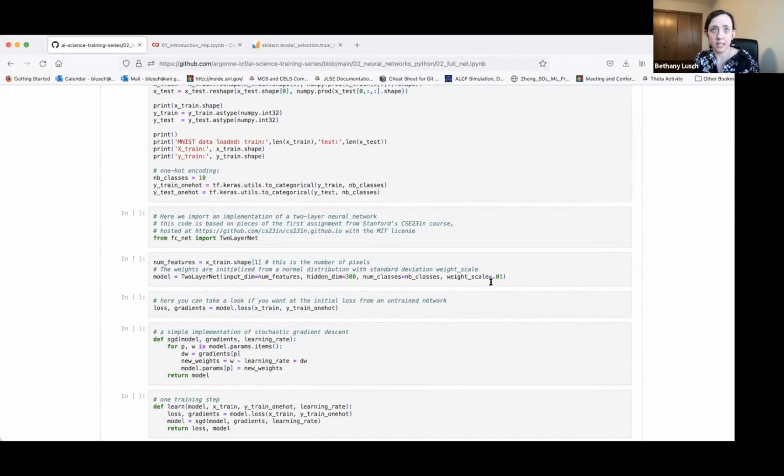You can think of it as when we had this picture of a surface and you're doing gradient descent down, you can think of it as where you are starting on that surface. So people have different heuristics for what random distribution you should use. In this case, the implementation is a normal distribution, but you can change what the standard deviation is.